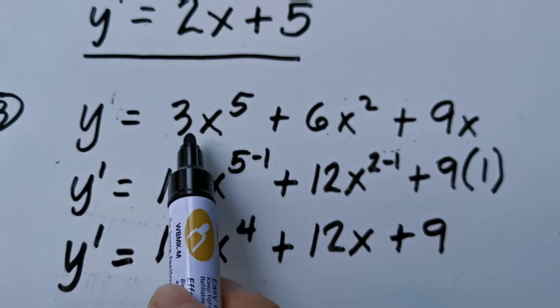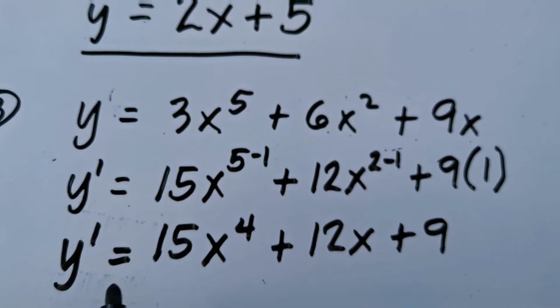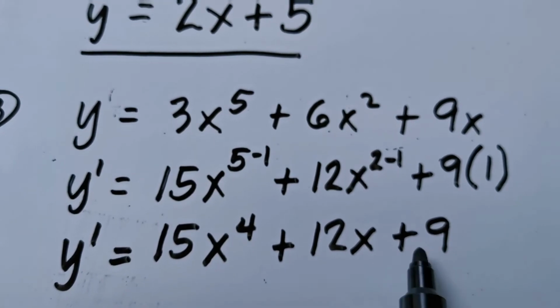So the derivative of 3x to the fifth plus 6x squared plus 9x is equal to 15x to the fourth plus 12x plus 9.